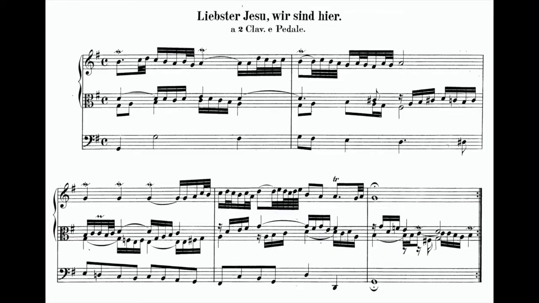And the third sample is a chorale for organ, in which many long notes, not all the long notes, but many long notes have a mordente.